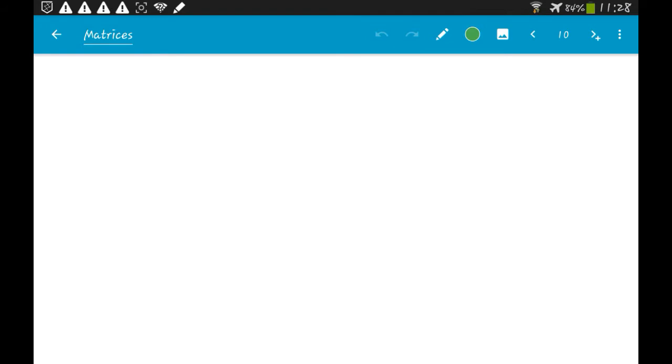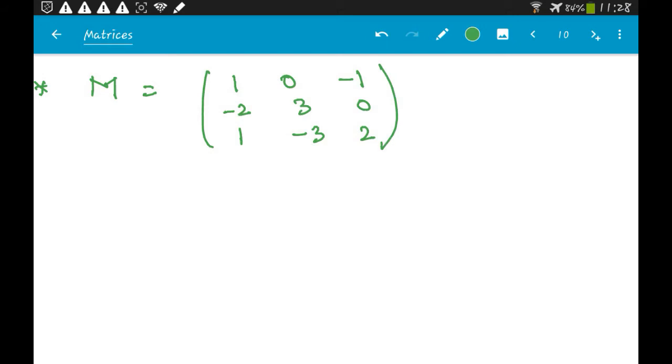Okay, so I do have it. Let's calculate for matrix M equal to 1 0 minus 1, minus 2 3 0, 1 minus 3 2. So this is your matrix M.